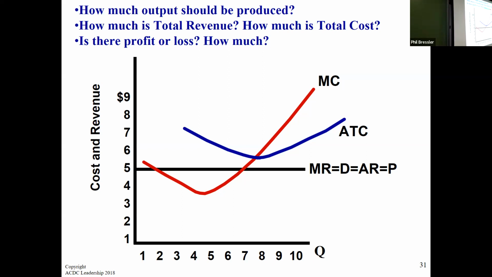Loss, right? The ATC is 12, correct? Correct. So I know I'm losing money. Now I just have to figure out how much. So this is a loss minimizer. It's the minimum loss you can have at this quantity.